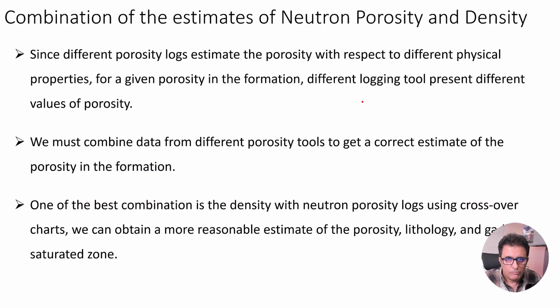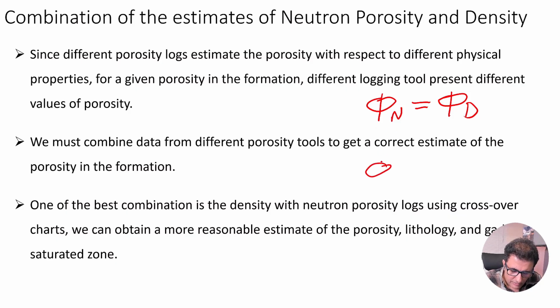If we have correct information about lithology, the porosity that we get from phi n, the neutron porosity log, should be equal to the porosity that we get from the density log. But if we have a wrong assumption about lithology or fluid in the formation, it is possible that phi n is not equal to phi d.